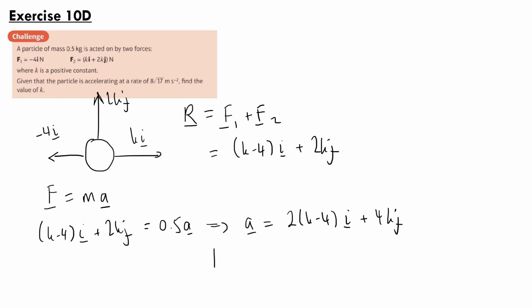So we have that the magnitude of the acceleration squared is equal to the i component squared, so (2k minus 8) squared, plus the j component squared, so that's 16k squared.